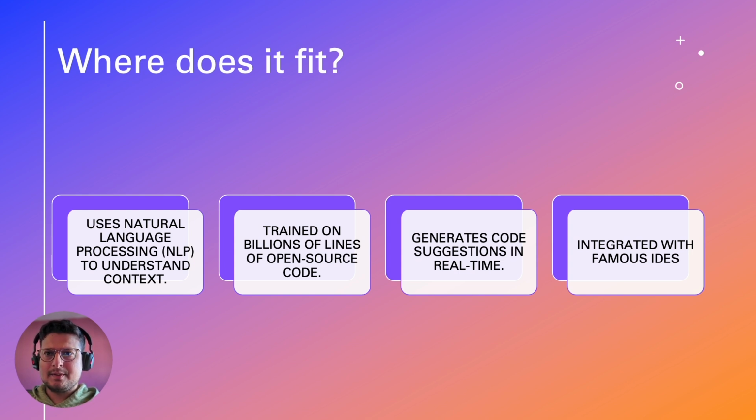You can think of it as a pattern matching thing, where it tries to find, hey, this is something which you are trying to write, and it is already trained on top of that code, so it gives that as a suggestion. It generates the code suggestion in real time based on whatever it has learned. And now, with GitHub increasing its scope, earlier it was only in VS Code and Visual Studio; now it's in JetBrains IDEs and other IDEs also. We'll try to cover it in the further slides.